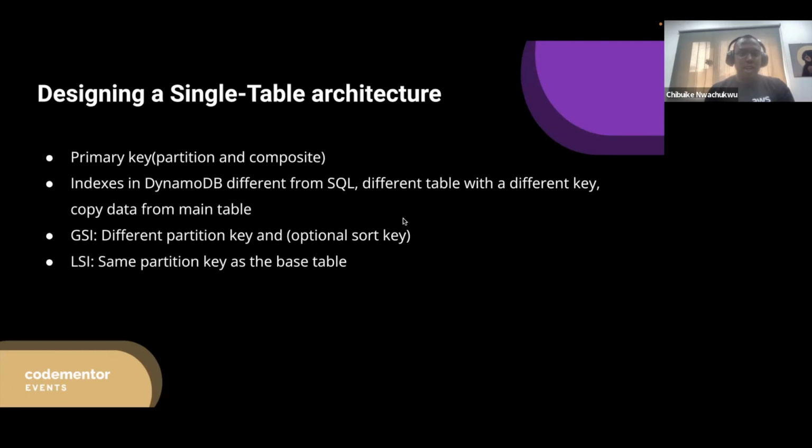If we want to query by a particular attribute that we don't have an access pattern for, and the attributes spread across all partitions, we can create a GSI for that particular attribute, giving it a new partition ID. The partition ID can be the attribute. And if we want to add an optional sort key, we can use another attribute, or we can use the partition ID in our base table.